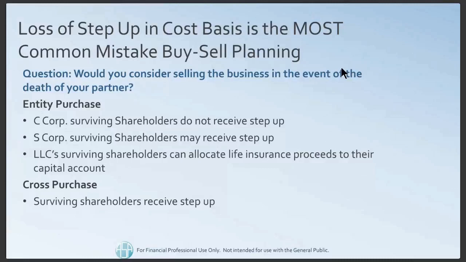But what is an issue with a cross purchase? If you have more than two owners, it can get a little complicated. However, there is a pretty good strategy called an LLC option, where the LLC essentially becomes a bank, and it is a receptacle for receiving life insurance proceeds to fund cross purchase agreements when you have multiple shareholders, meaning more than two, or you have multiple business entities owned by the same shareholders.